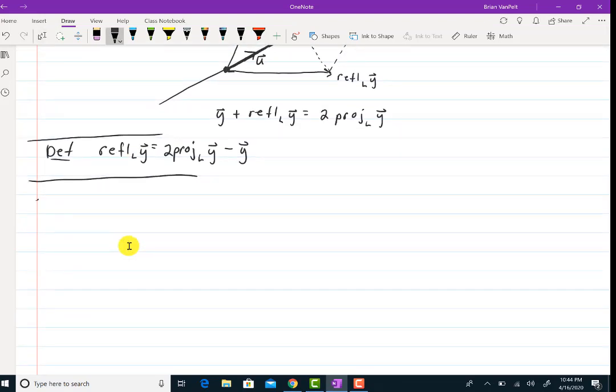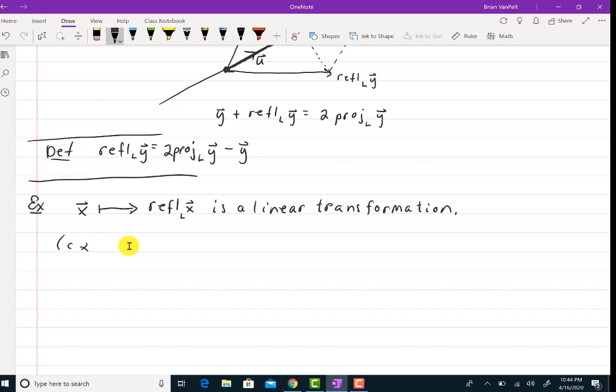And then what we get here is that x goes into REFL onto L of x, which is a linear transformation. So what do we have?